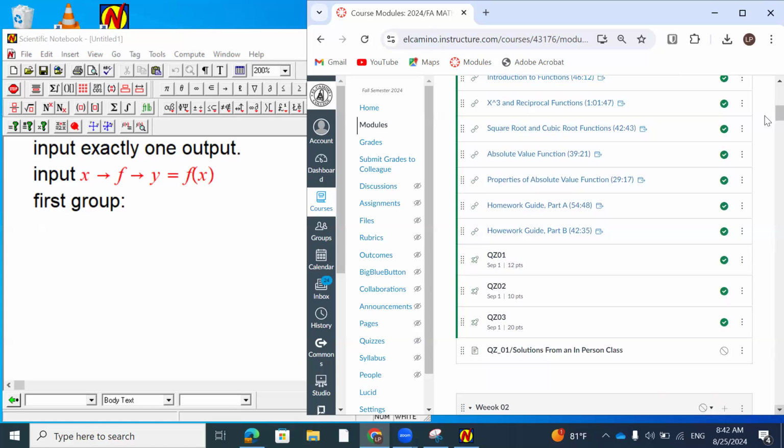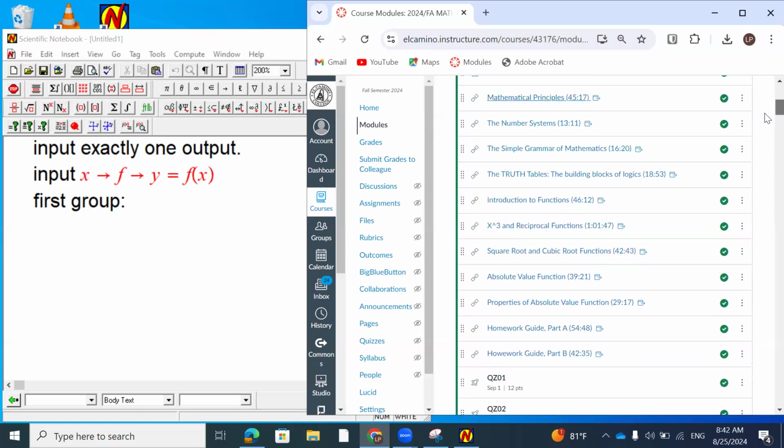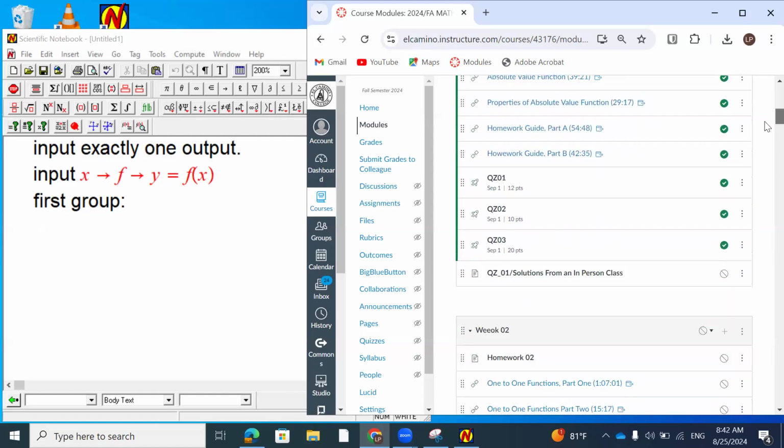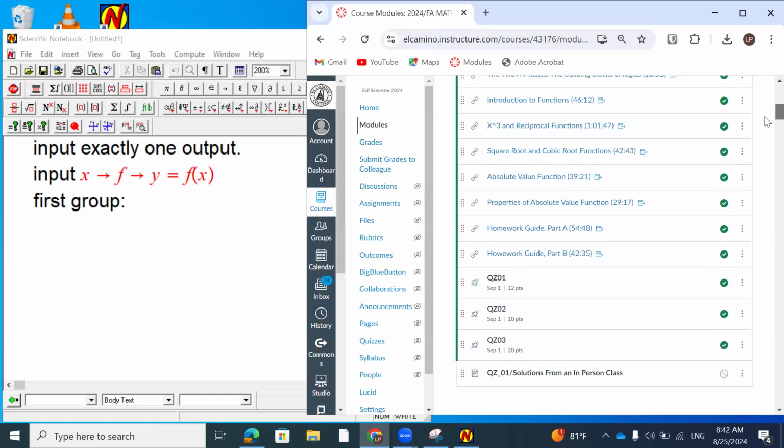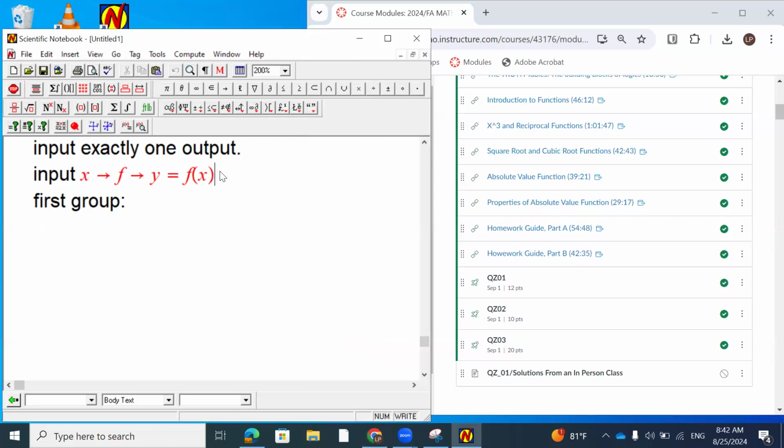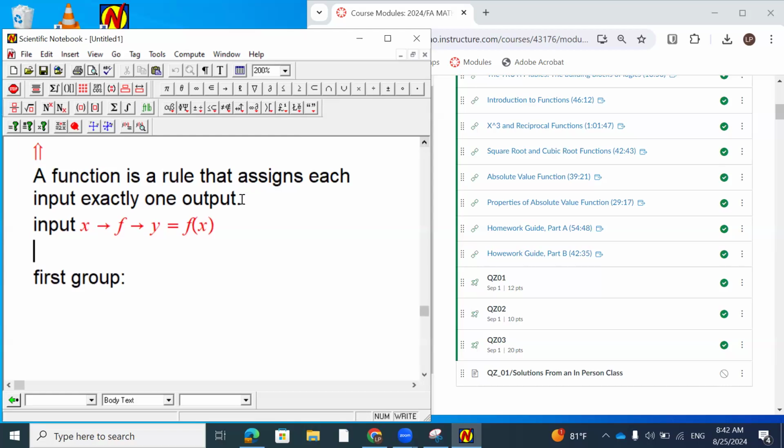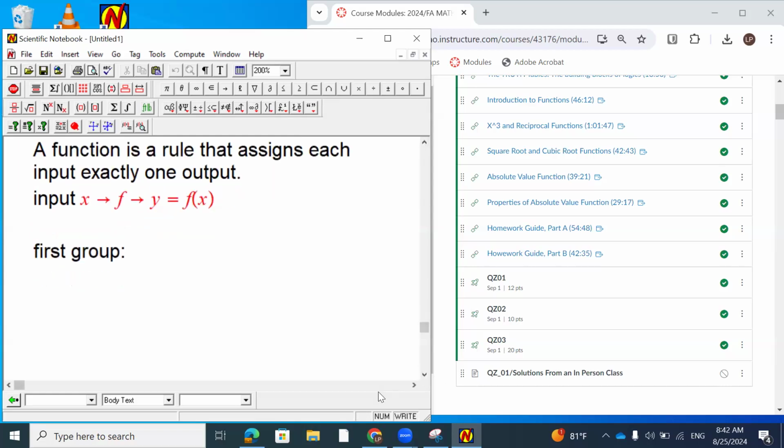Introduction to functions. In the introduction to functions, we talk about the definitions, which is that a function is a rule that assigns each input exactly one output.